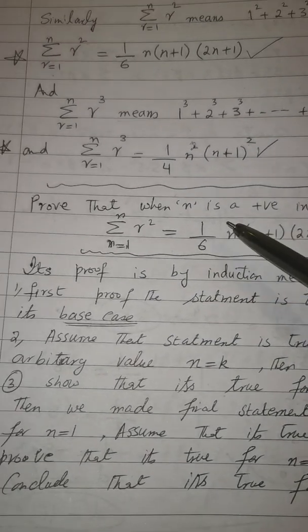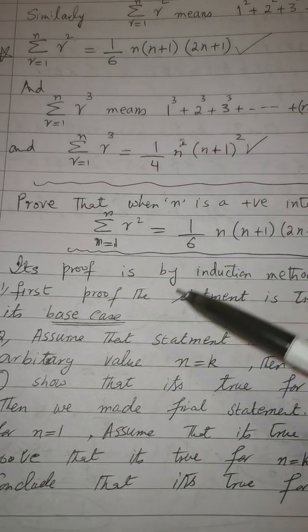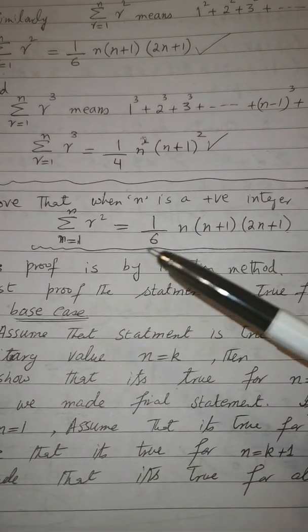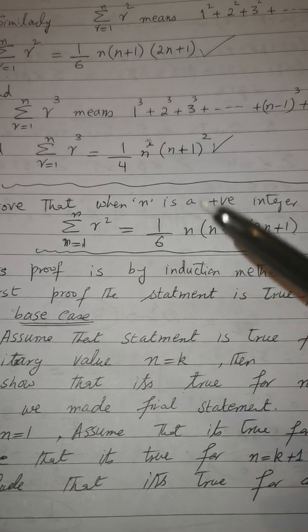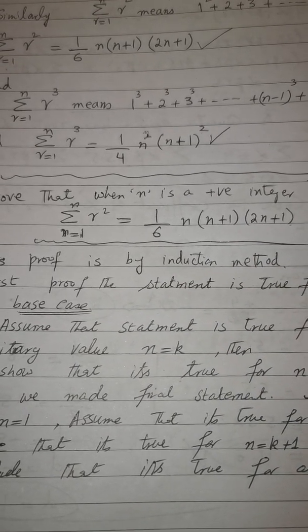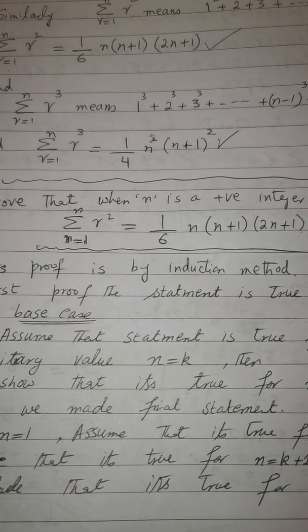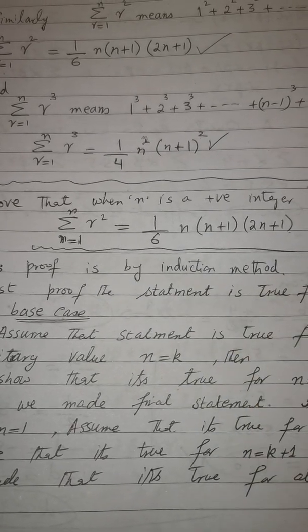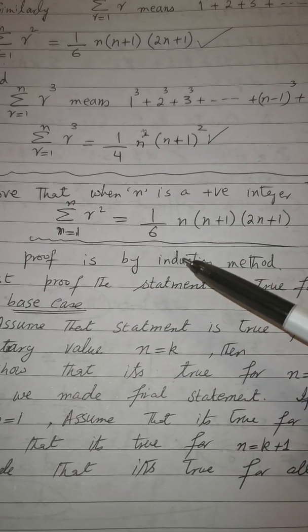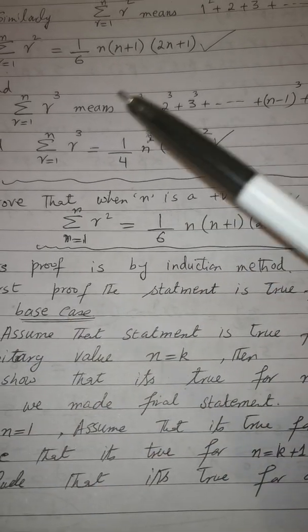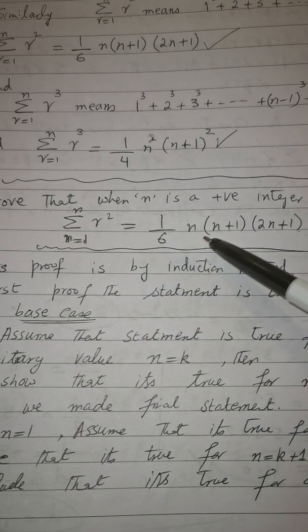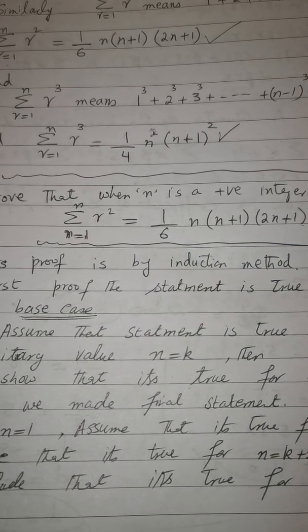Next step, we will proceed further and we will assume that it is also true for the value of n is equal to k. Take k as any arbitrary value, right? You can take any value from 1 to n, right? We will suppose n is equal to k and it's an arbitrary value, and we assume that this statement is true for n is equal to k.